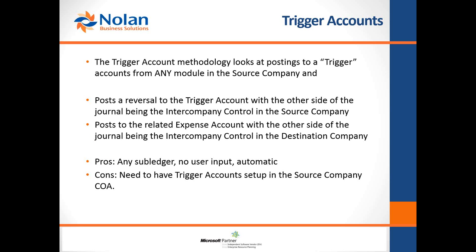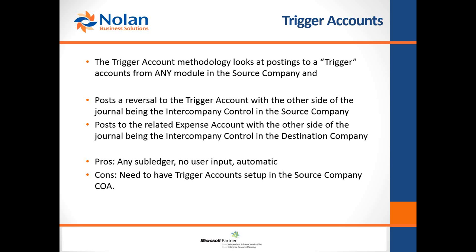It's a real account in the general ledger, and whenever that account's posted to, the InterCompany Postings module does various things. First of all, it posts a reversal to the trigger account, with the other side of that journal being to the InterCompany control account. So in other words, the expense that's been posted into the source company's chart of accounts gets reversed out and placed in the InterCompany control account.